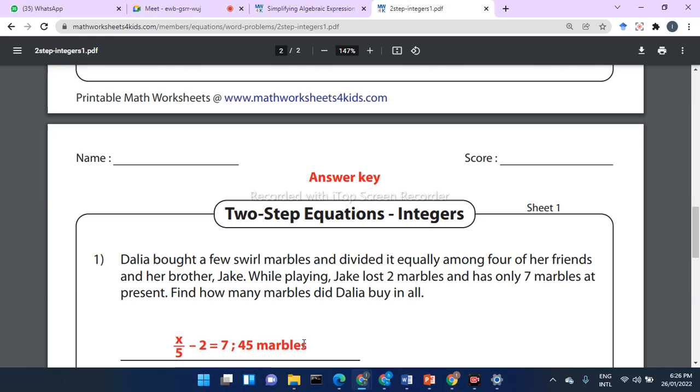45, yeah. Okay. I like how they did this. I mean, it's the same thing. We just said x divided by 5. We just added the 7 plus the 2.